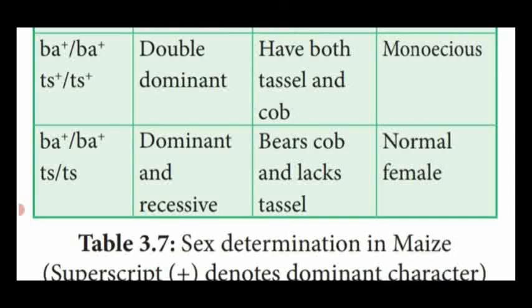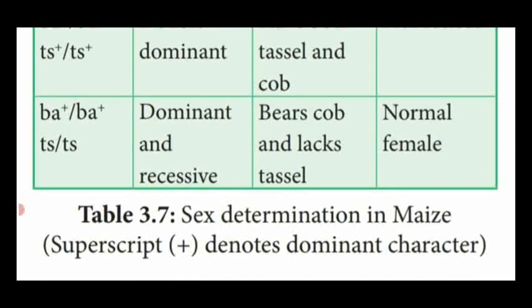So these are all the different multiple alleles present in the plant to determine the sex of a plant, whether it's a male plant, female plant or monoecious plant. That is the sex determination in maize, showing the characteristic feature determined by multiple alleles.